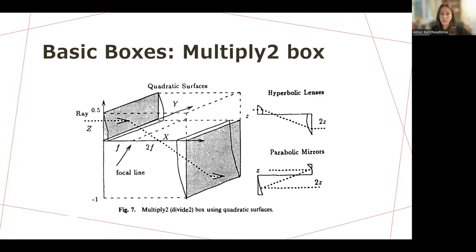This can be done by using a pair of cylindrical parabolic mirrors, which are reflective surfaces, or we can use plano-convex hyperbolic lenses, which are refractive surfaces, placed with rational endpoints. Similarly, we use the terms entrance window and exit window to denote the window through which the ray enters and the window through which the ray exits.